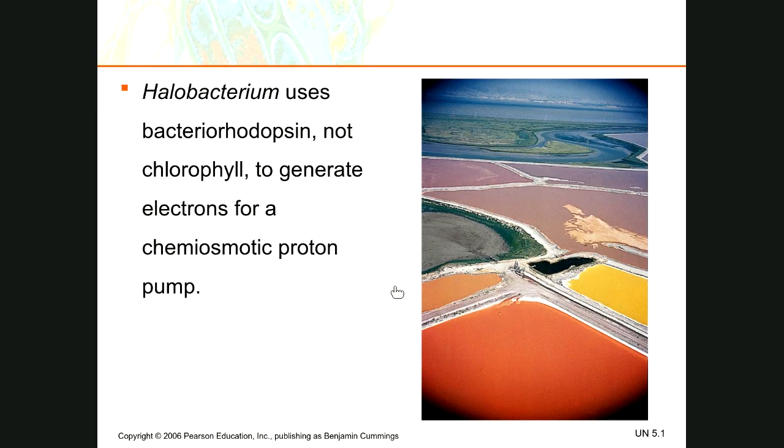Just to mention it, we do know that photophosphorylation is a way to make ATP. There are some photosynthetic microorganisms which use light energy to make ATP. Here we're seeing some microorganisms growing in salt evaporation ponds. These are very large ponds.